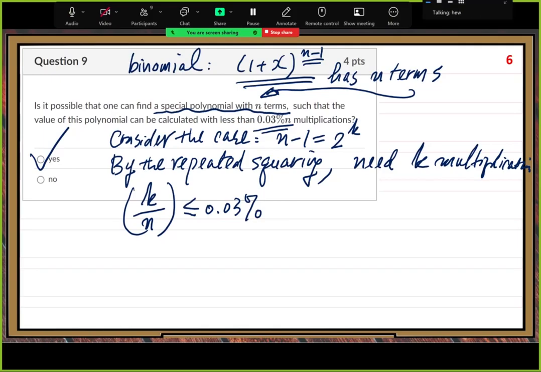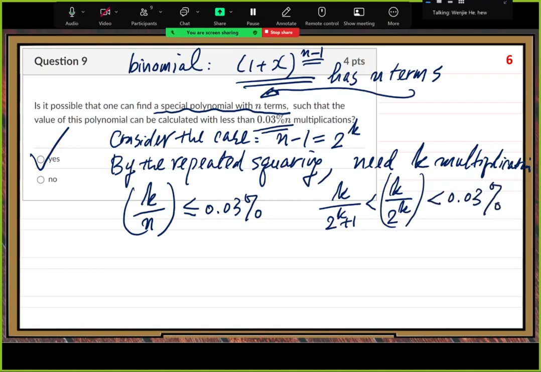K over 2 to the k plus 1, which is less than k over 2 to the k. Is it possible this number is less than 0.03% when k is large? Yes, because this limit approaches 0 when k approaches infinity.